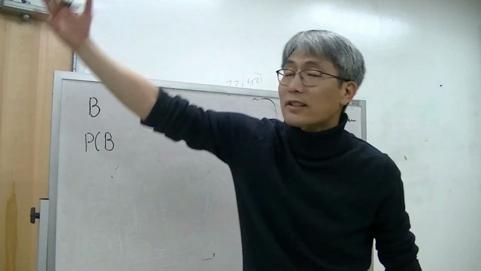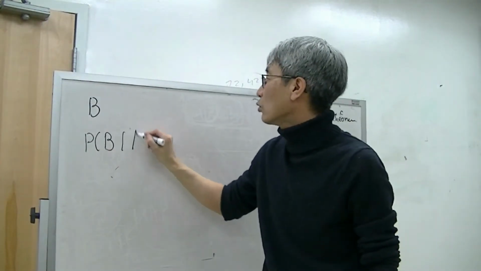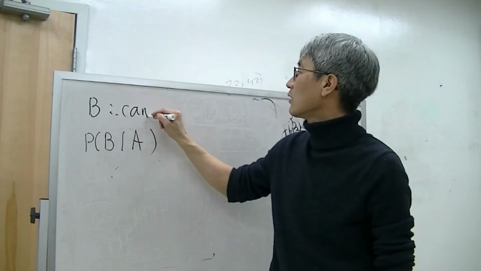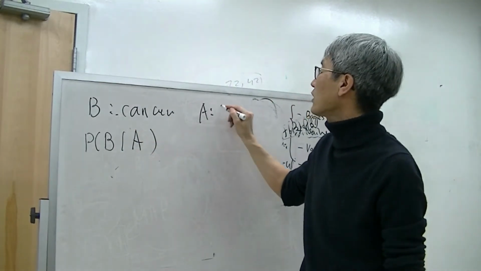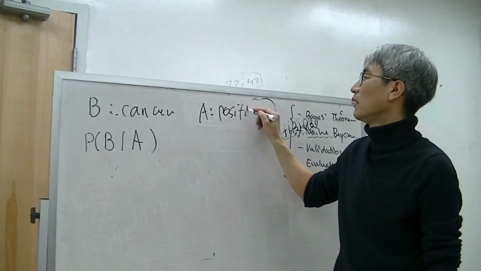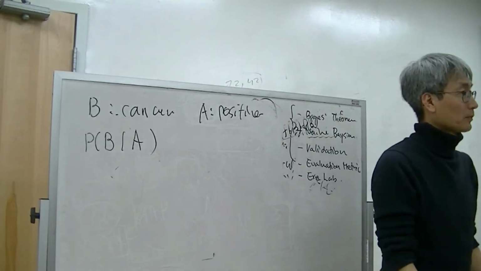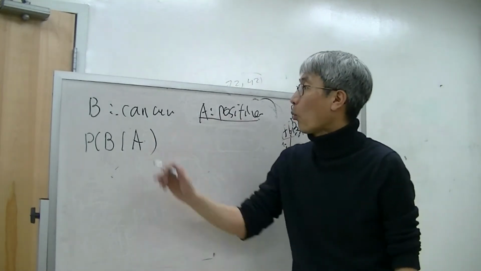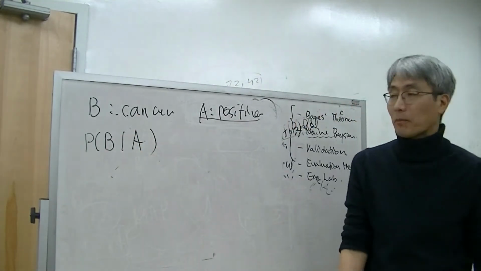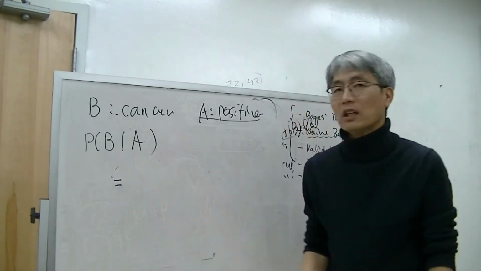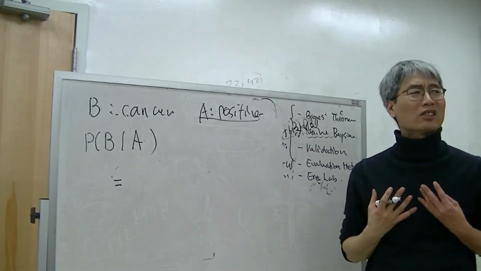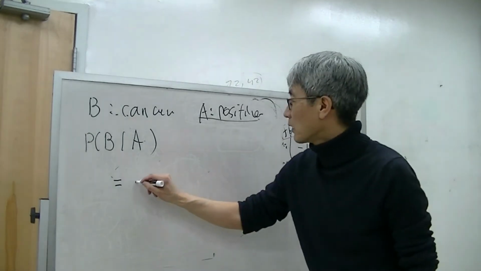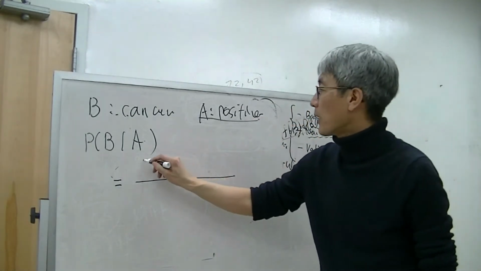But in this situation, the doctor said you are positive. So B is cancer or not, and A is positive. There are two events. In the case of positive, what is the probability of B? How can you calculate it? Our feeling is at least a 50% chance of having cancer, but follow the Bayes algorithm.